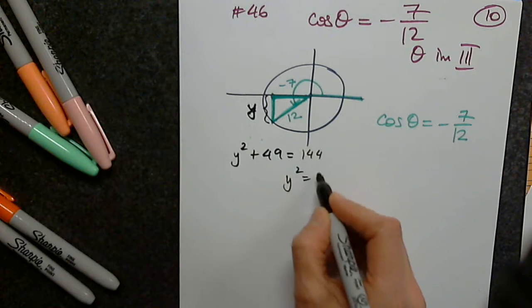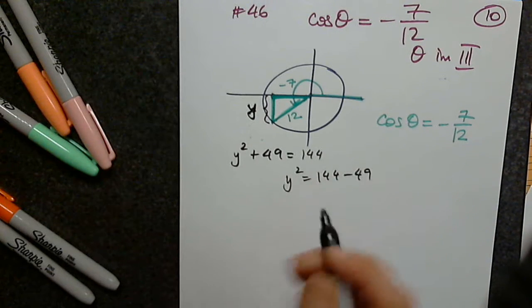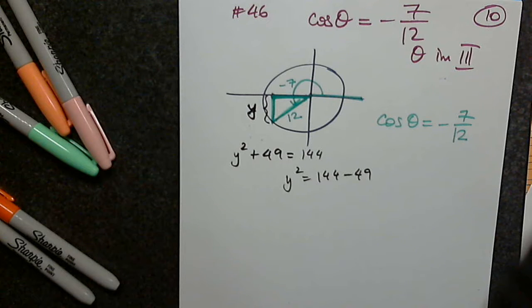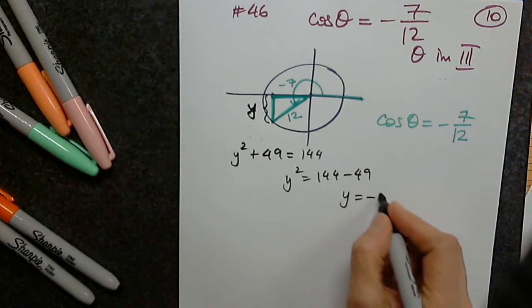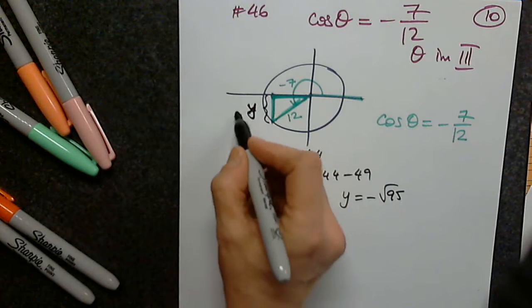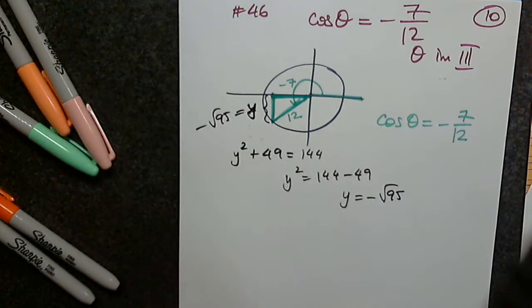From here, I have y squared equals 144 minus 49. When I take the square root, I should get plus or minus, but I already established y must be negative because it's a measure below the x-axis. So 144 minus 49 is 95, and y will be negative the square root of 95.